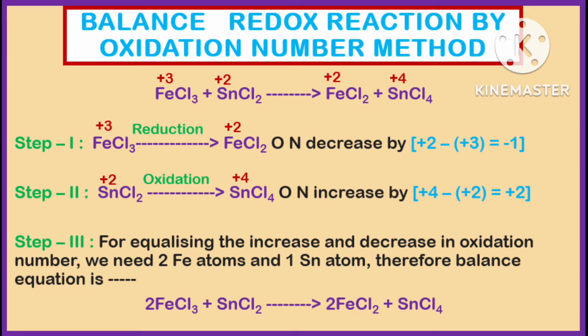This is the question. Again I am reading: write the net ionic equation for the reaction of potassium dichromate, oxidation state 6, with sodium sulfite in an acid solution to give chromium 3+ ion and the sulfate ion. The reactants and products are given. The reactants are K2Cr2O7 plus Na2SO3, sodium sulfite.